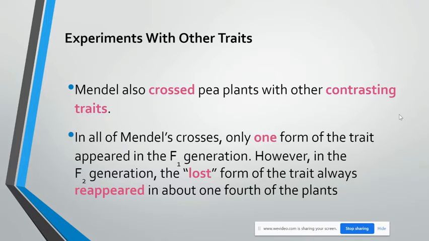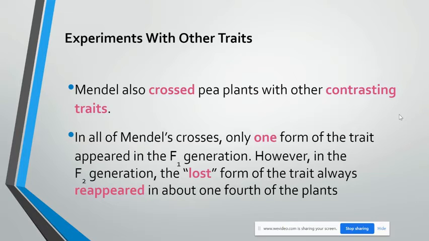So Mendel didn't just do this with stem height. He looked at other characteristics in pea plants and those different contrasting traits. So in all of Mendel's crosses, only one form of the trait appeared in that first generation, but then when that second generation was pollinated and grew, that lost form of the trait always reappeared in about 1/4 of the plants.